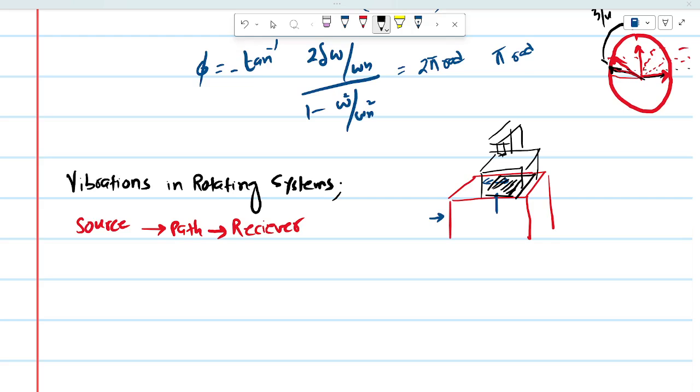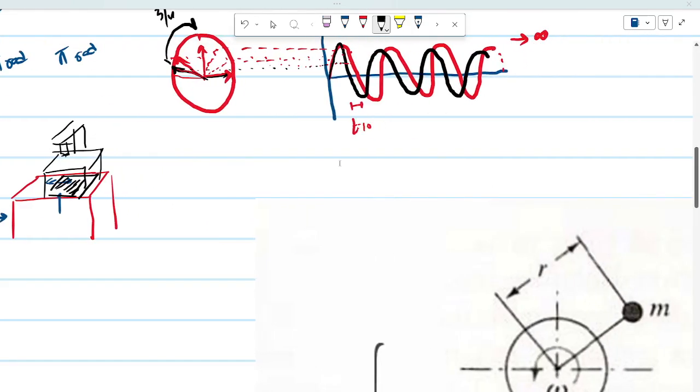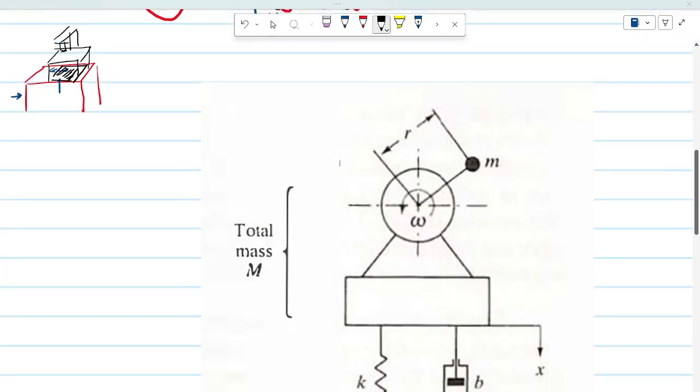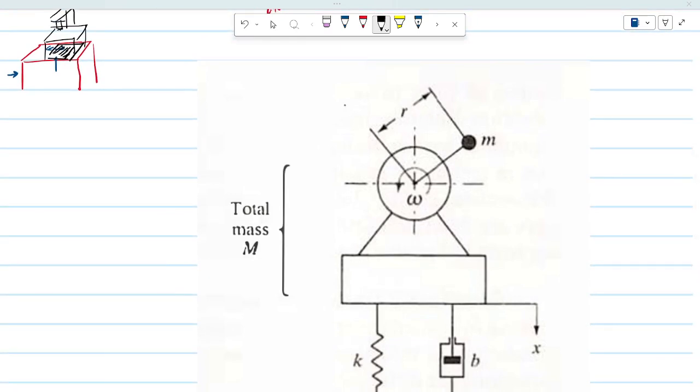So let's assume we have a rotating system like this one. Again, take the example of a washing machine.